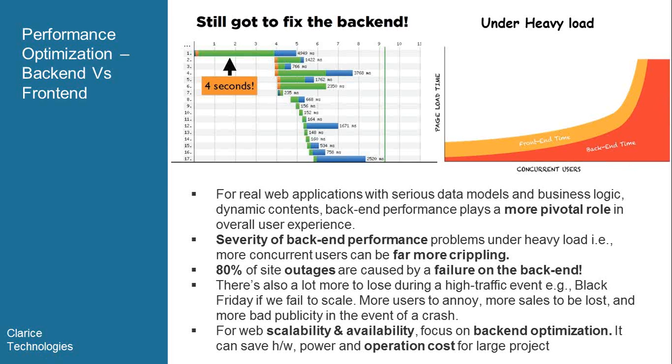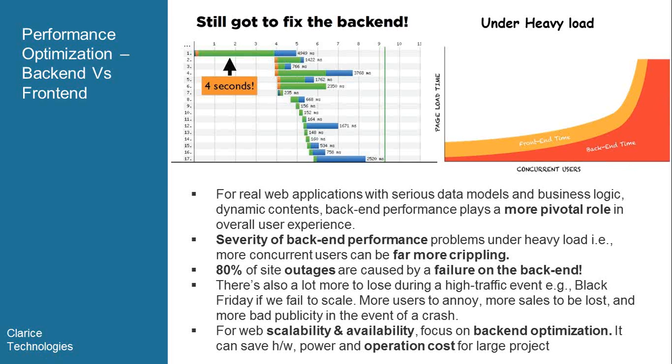But if the backend is choked, none of the users will be able to access the web page, and it will be very disappointing for any web application or web hosting service that their server is down.